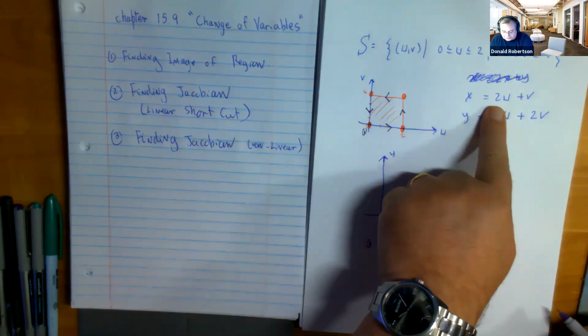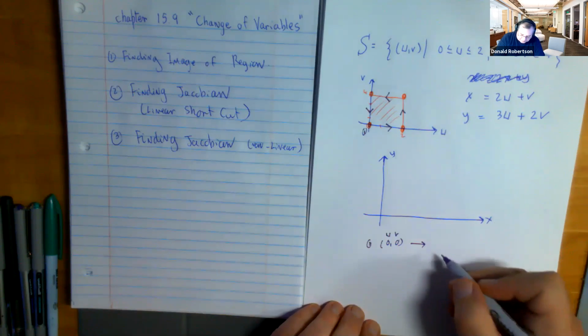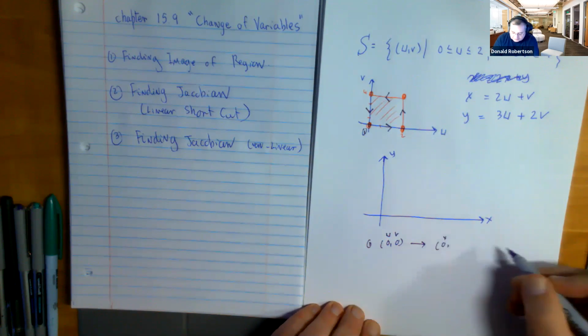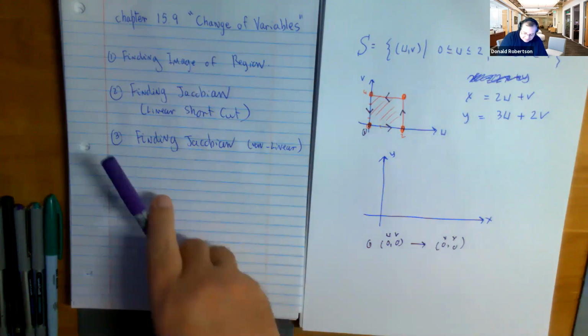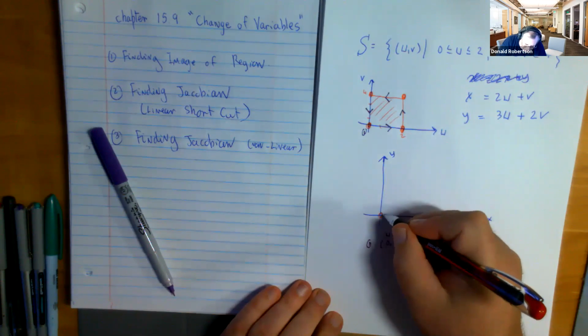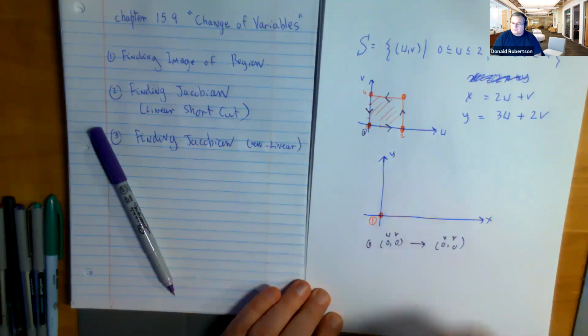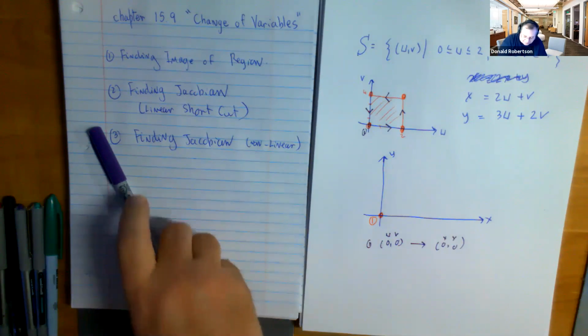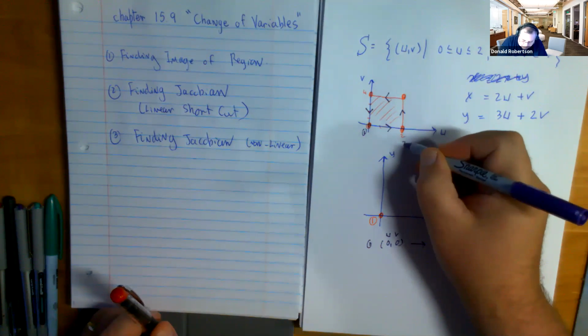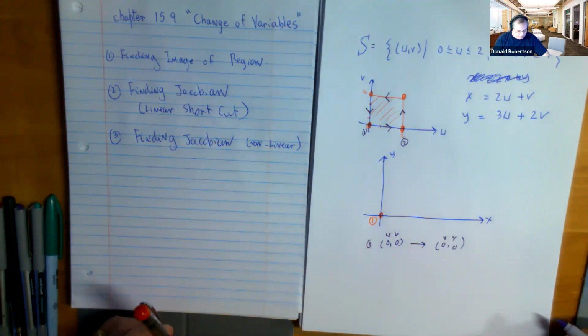Well, 2 lots of 0 plus 0 gets me 0 for the x value and 0 for the y value. So that guy ends up being here. So far, so good. All right, let's take the second corner, because you're going this way. Wouldn't this be vertex number 2?